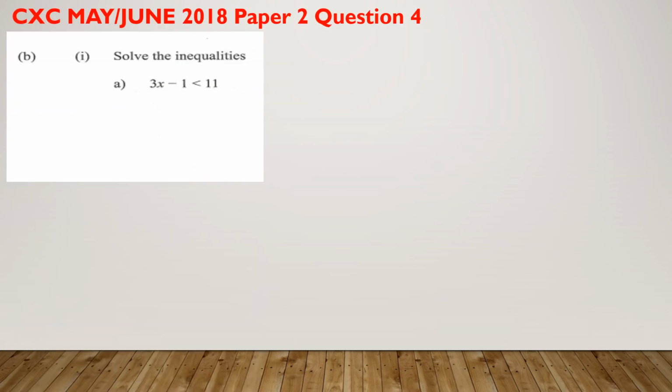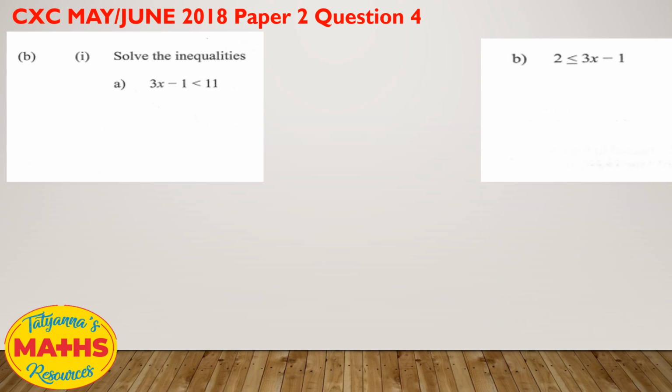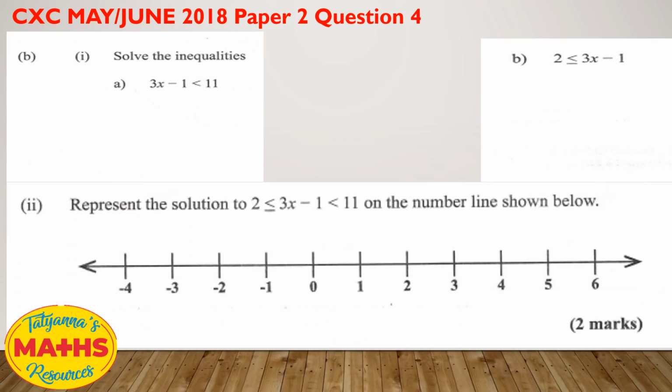Now question B, 4b, and it says solve the inequalities, and we have part 1 is 3x minus 1 is less than 11, and part 2 is 2 less than or equal to 3x minus 1. So let's go right into it and solve.